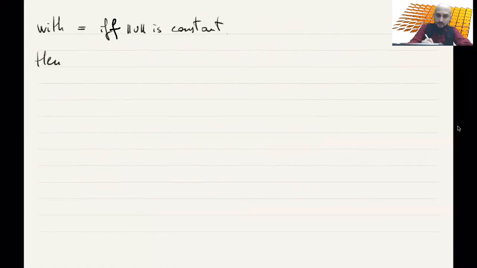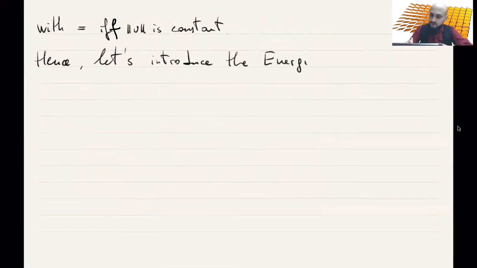What we understand is the following. So let's give a name to this L2 norm of the speed of a curve. So let's introduce the energy of a control.